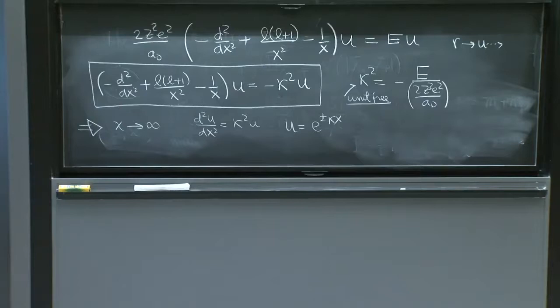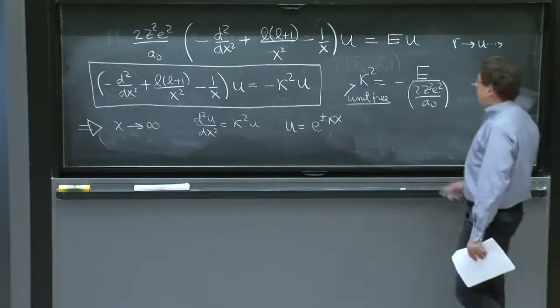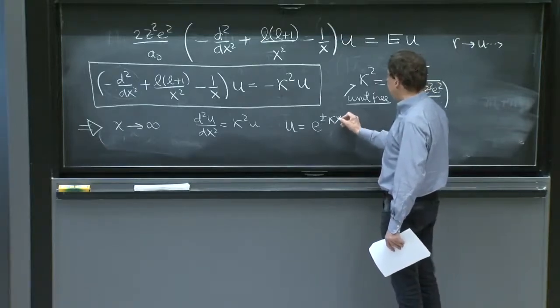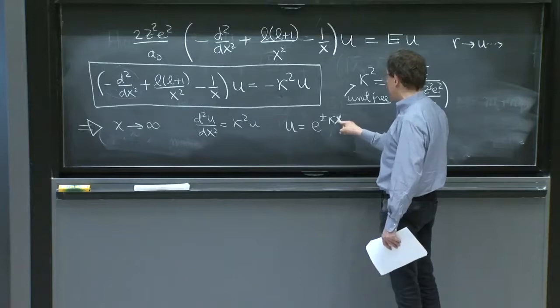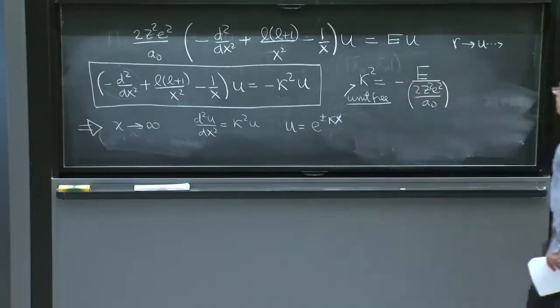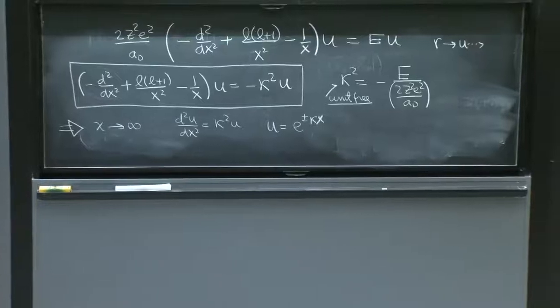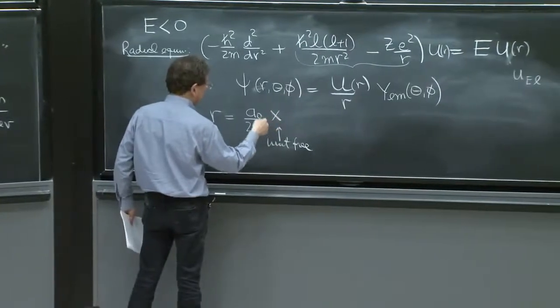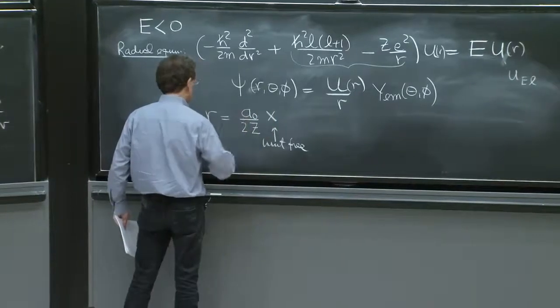Now, this suggests yet another transformation that people do, which is, look, kappa is dimensionless, and we had x that is unit-free also. So kappa has no units, x has no units. So let's move to yet another variable. You see, we started with r being proportional to x, and now we can put factors that may help us without units here.